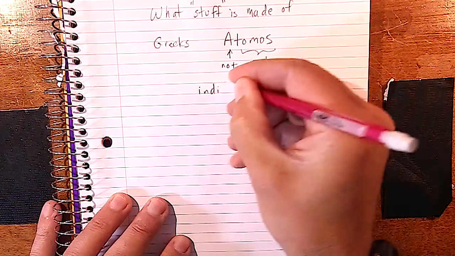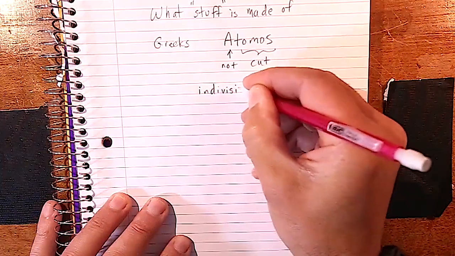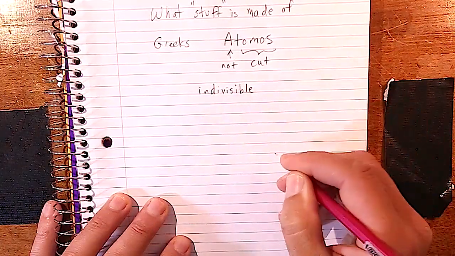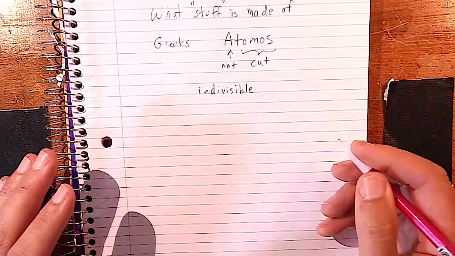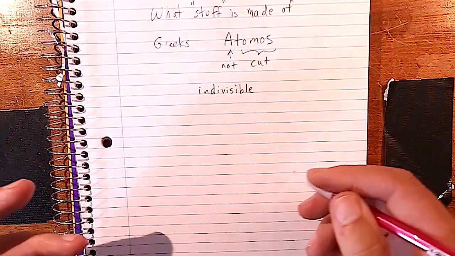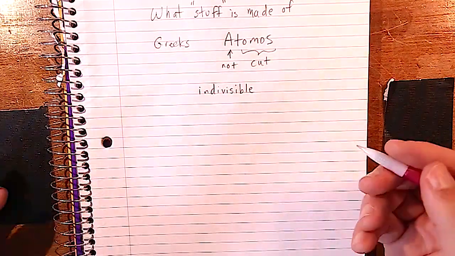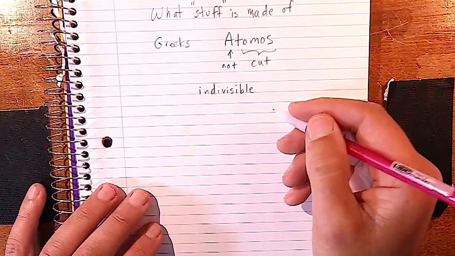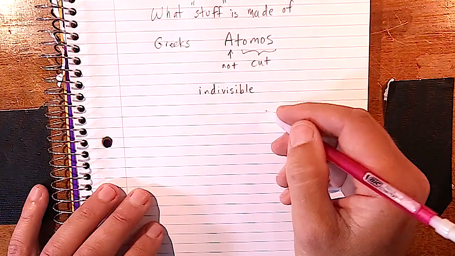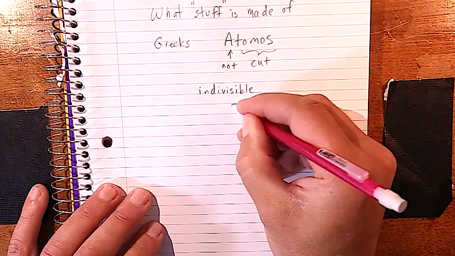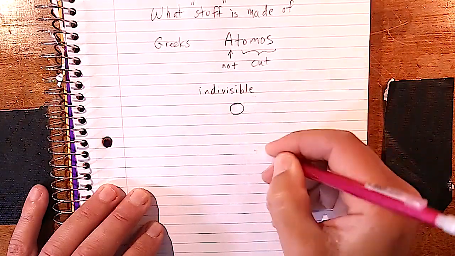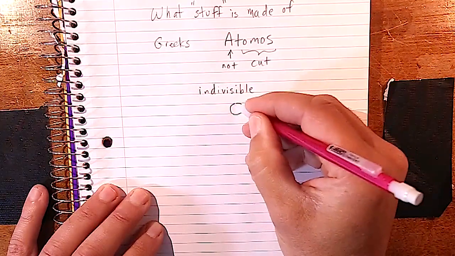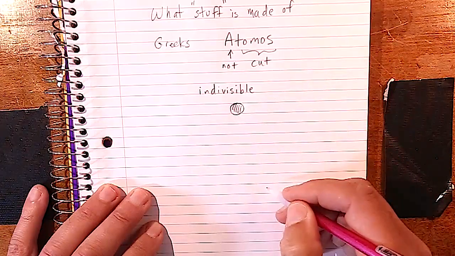They had no experiments to back up this idea. They said that if you take an object, like a piece of metal, and you cut that piece of metal in half, and then you cut that in half, and you continue to do that, you'll eventually get to these little particles that can't be cut, and these little particles are called atoms.